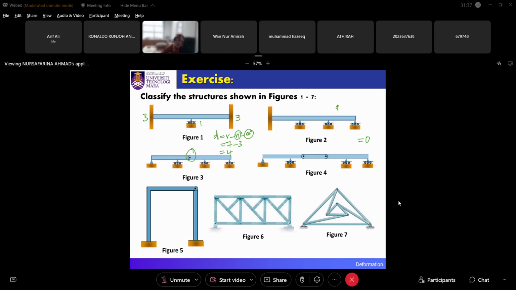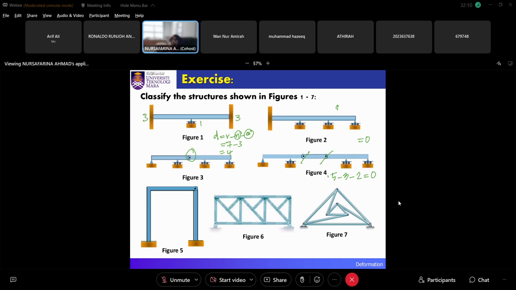I have the reaction R as 5, and for N it is 3, always 3. And for the hinge, it is 1, so you get 0.